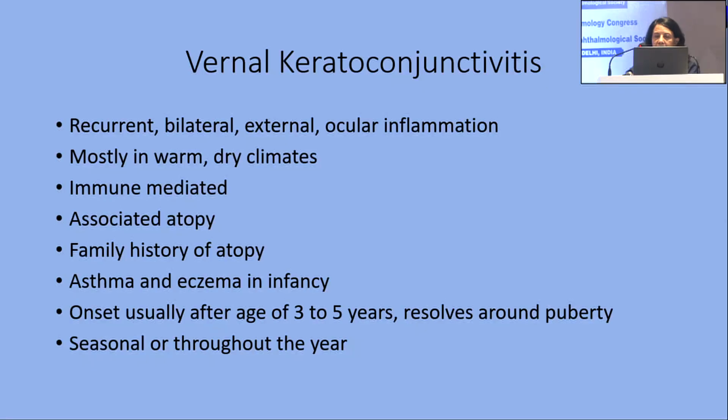Asthma and eczema in infancy is usually the history, and onset is usually from 3 to 5 years, resolving around puberty. That is what we classically know, but these days in our daily practice we see VKC in younger children as well, and sometimes in infants also. It is mostly seasonal, but it occurs throughout the year also.